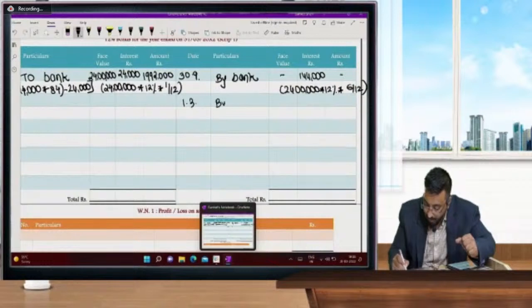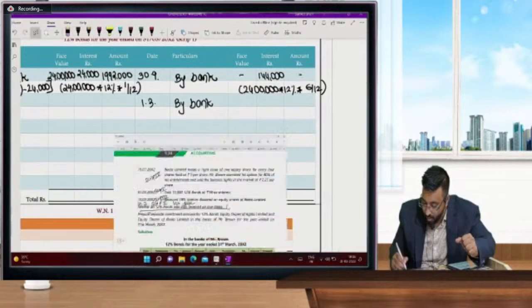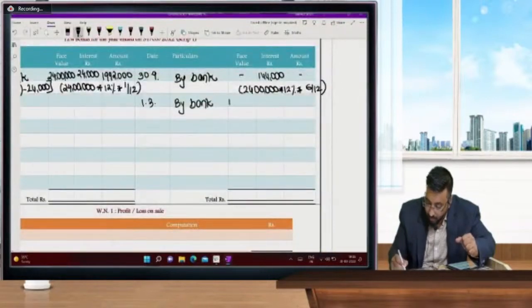1/3 by bank. How many debentures bonds did you sell? So 15 lakhs.